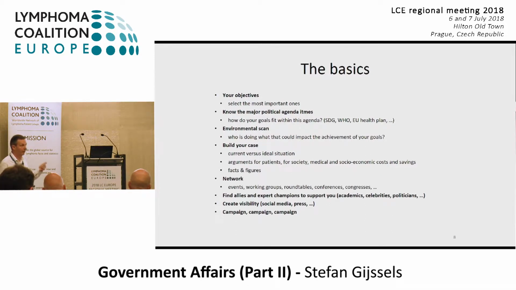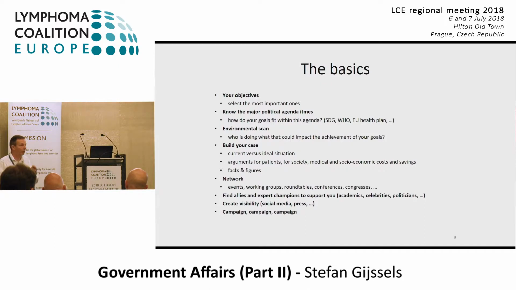Network, I mean, be where the action is. So go to events, go to roundtable meetings, make sure you are visible. That's part of getting to know people, but also to gather intelligence, because then you understand what's happening, and it brings you to your environmental scan. Find allies and expert champions to support you.